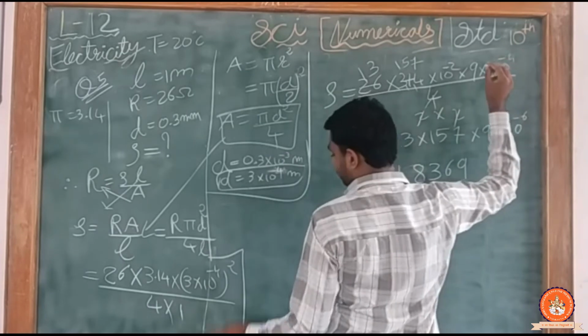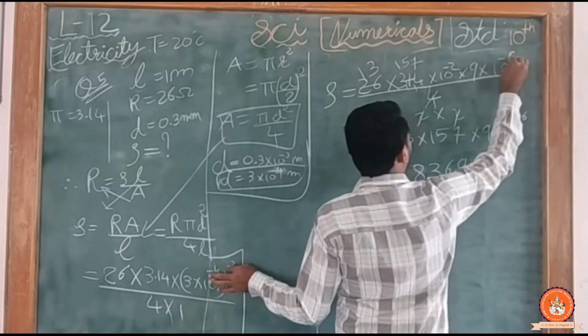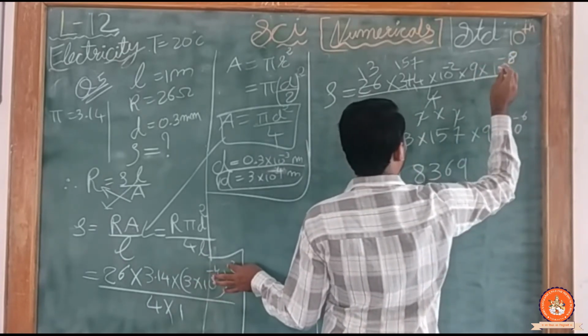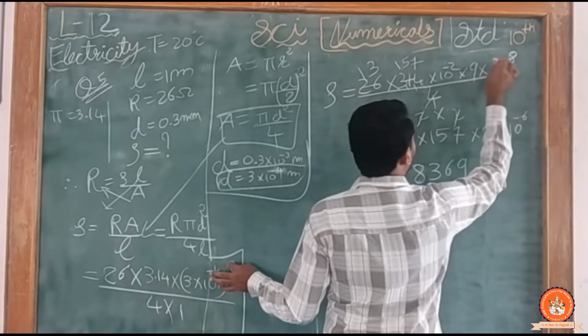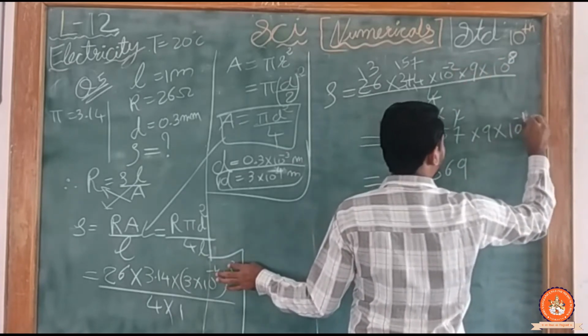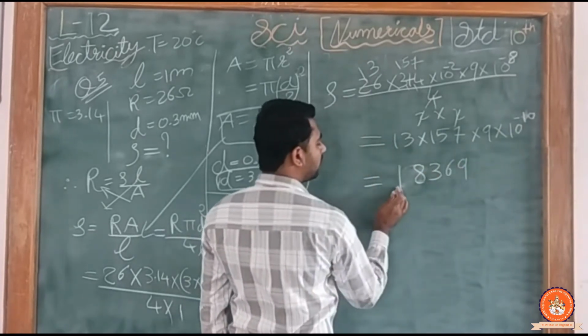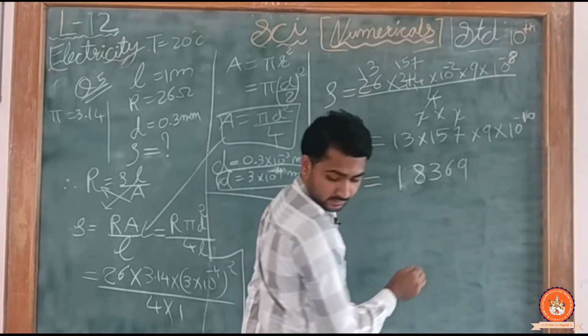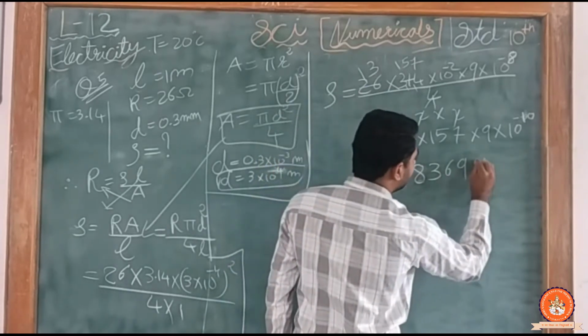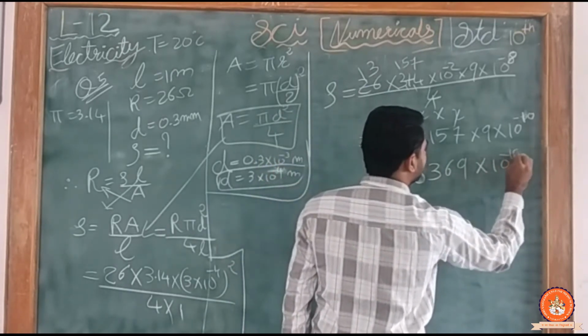Here is a 10 raised to 8. 4 2s are 8, I made a mistake here, I wrote 4. So 10 raised to 6 plus 2 means 10 raised to 8. So after solving this number you will get 18369 into 10 raised to minus 10.